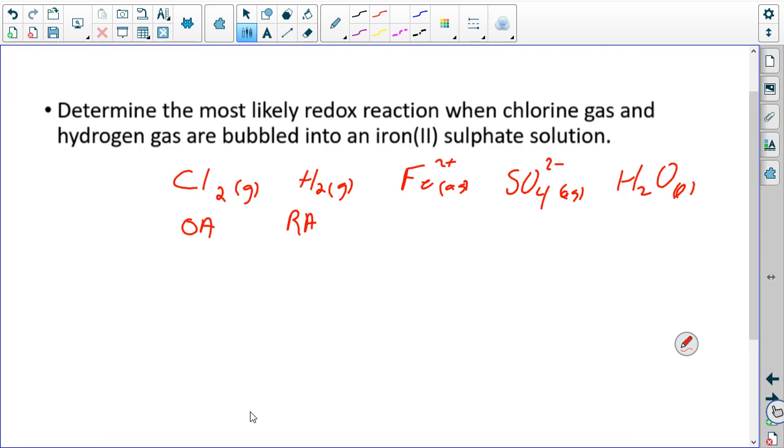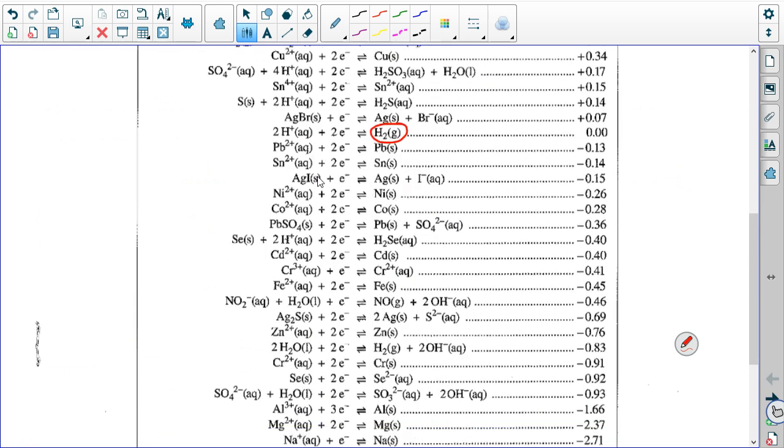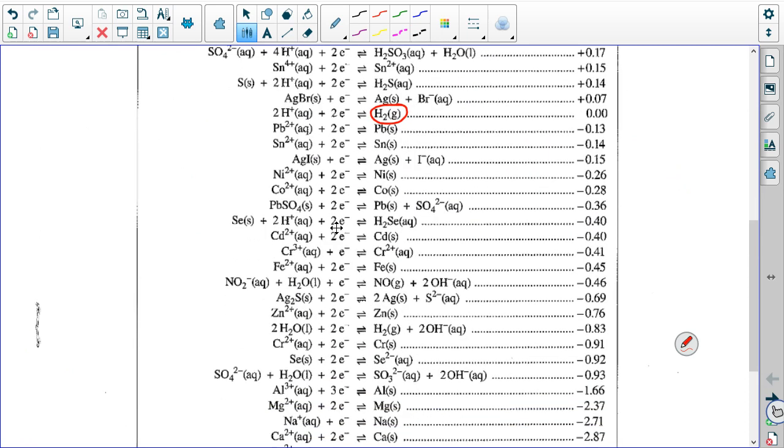What about Fe2 plus? Well, we just talked about that guy. He is both an OA and an RA. We talked about the sulfate ion here, although he's harder to find. He's way down at the bottom, but he is an OA.